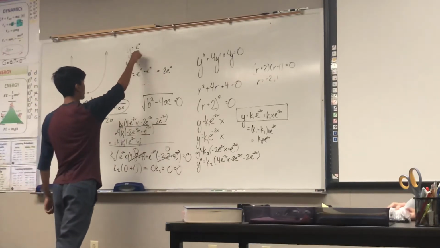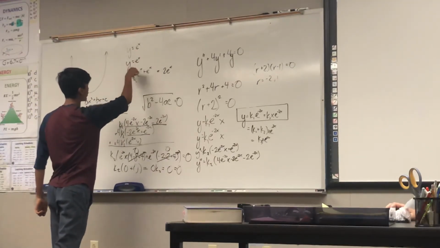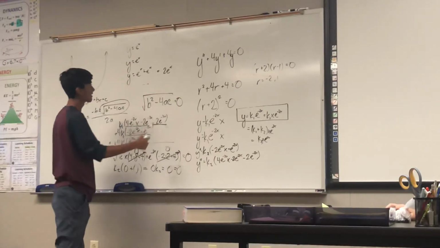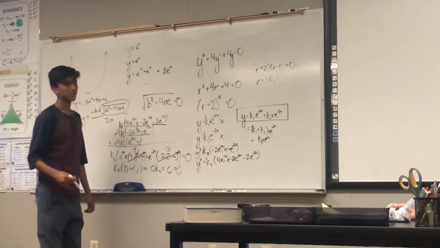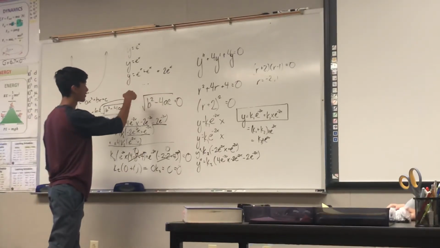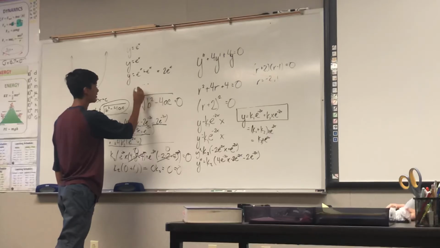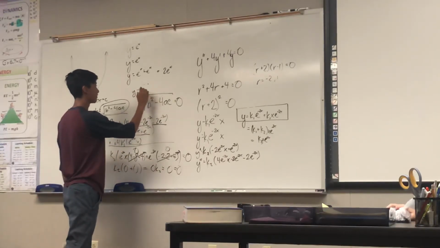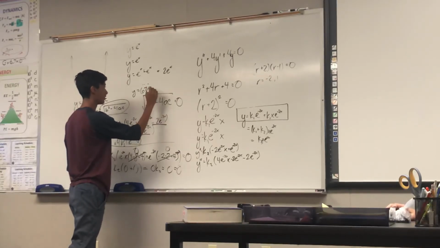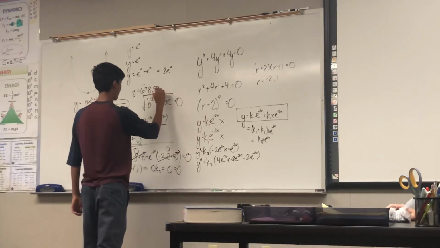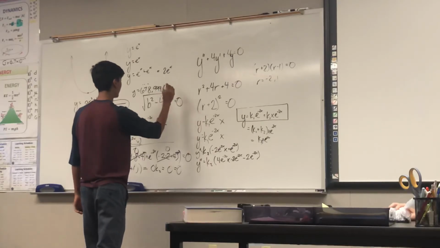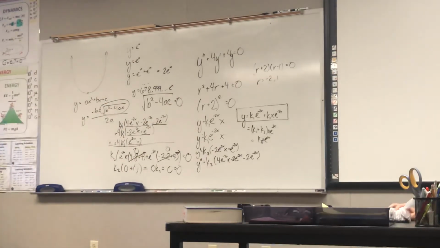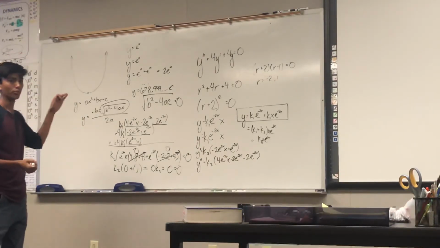So if you have y equals e to the x, and y equals e to the x, then y equals e to the x plus e to the x, which is 2e to the x, must also be a solution. And that could go forward like so on. Like y equals 6,999 and so on times e to the x. And that's still a solution, because you're just adding more and more e to the x. You're adding more and more solutions.